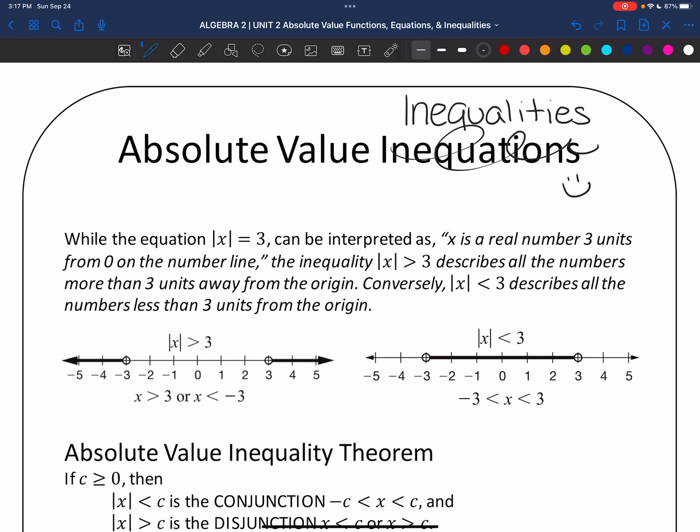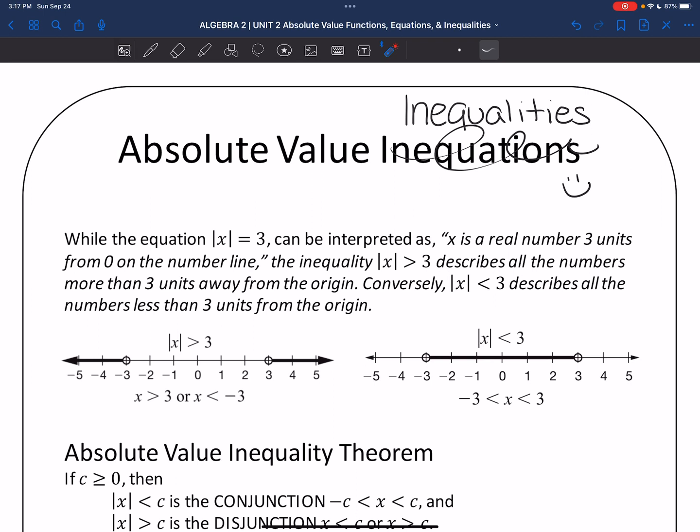Okay, so we saw previously, this equation, the one we looked at in our last video, the absolute value of x equaling 3. The way that is interpreted is x is a real number 3 units from 0 on the number line. I want to contrast that with this new statement.